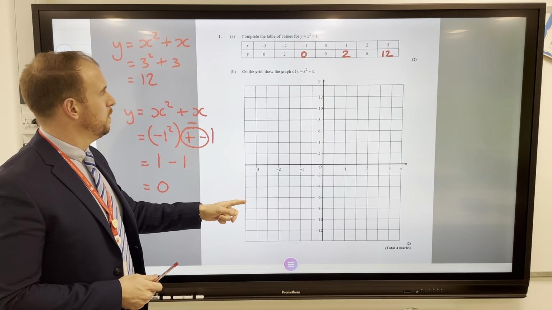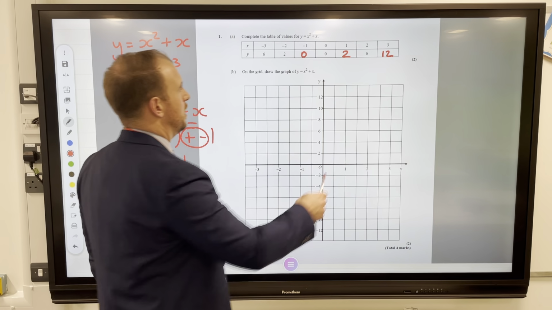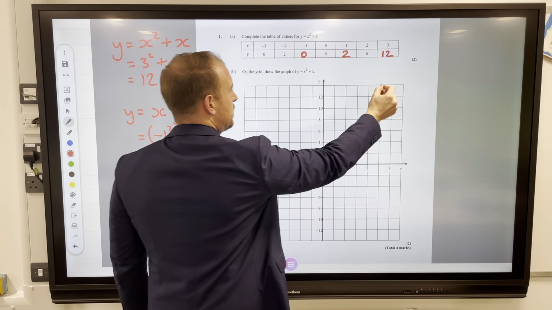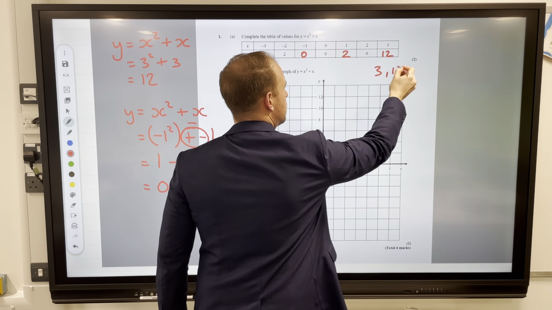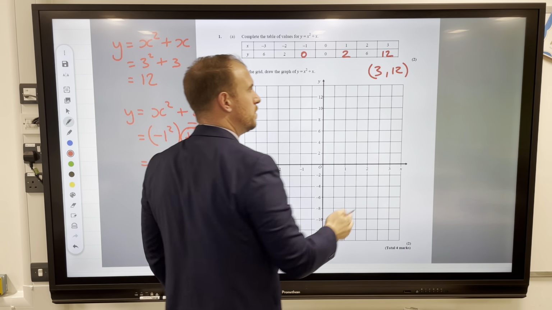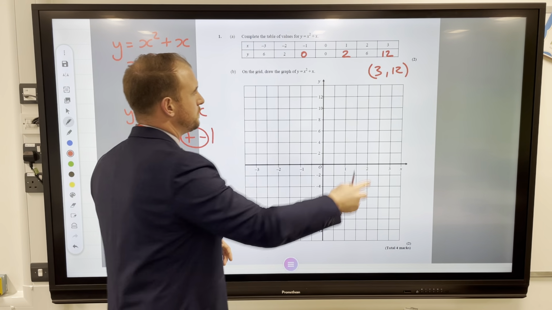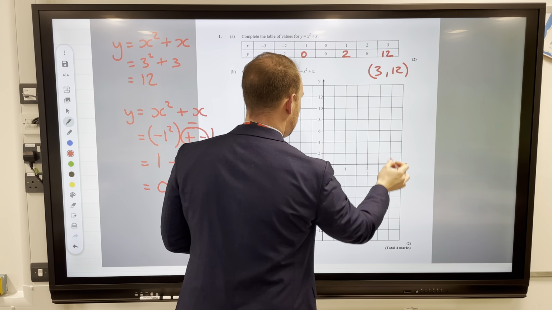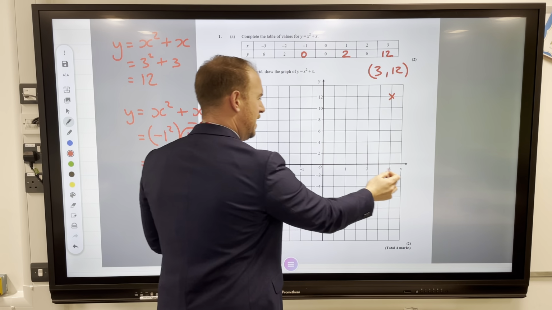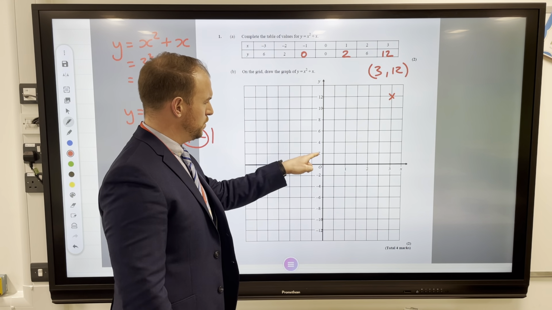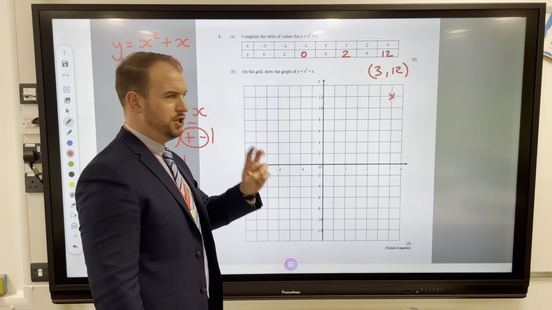Now I'm going to plot some coordinates. Here I've got x value is 3, y value is 12. So that's my coordinate, 3, 12. Remember your coordinates, x then y, across the corridor, up the stairs. Be careful with the scale. I've got 2 squares here for 1 value. I've also got 1 square with 2 values.